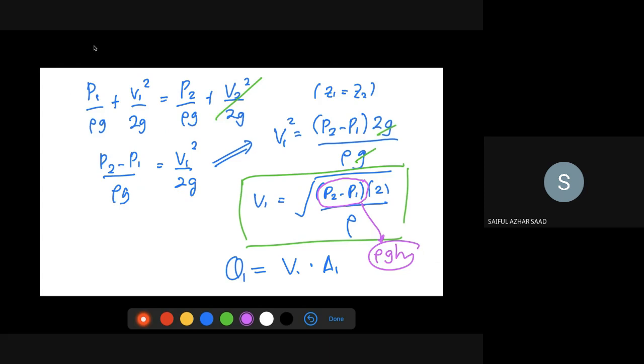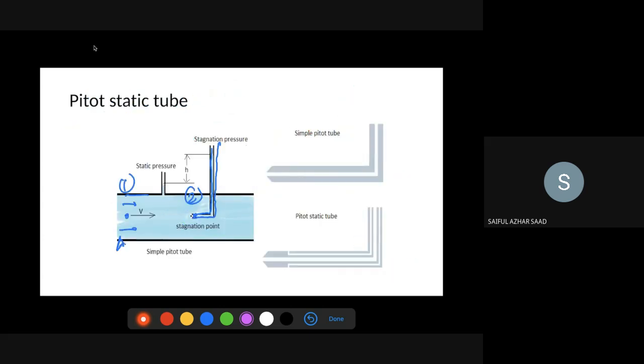So this rho is straightforward, because we are using water, therefore the rho of water will be 1000. And then we have G, which is gravitational acceleration, which is a known value. So this one is also straightforward. And then the H here. I do know that P2 minus P1 equals rho multiplied by G multiplied by H. The H here is the difference in height. So in here I did have manometers.